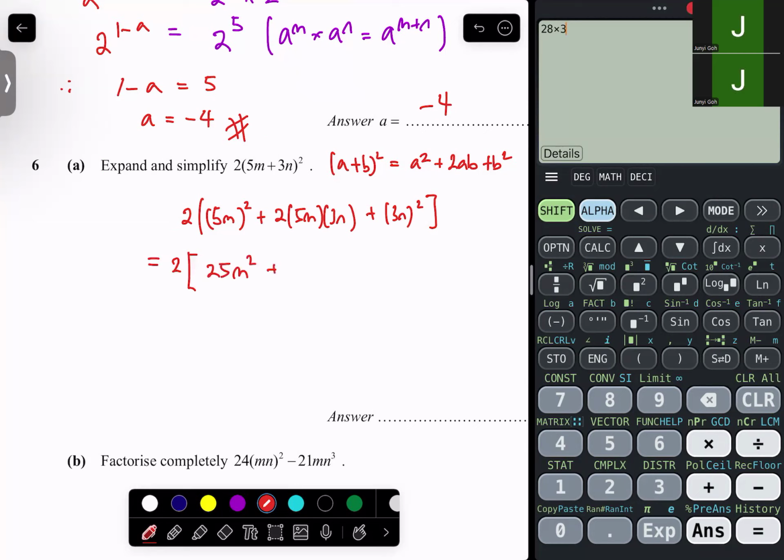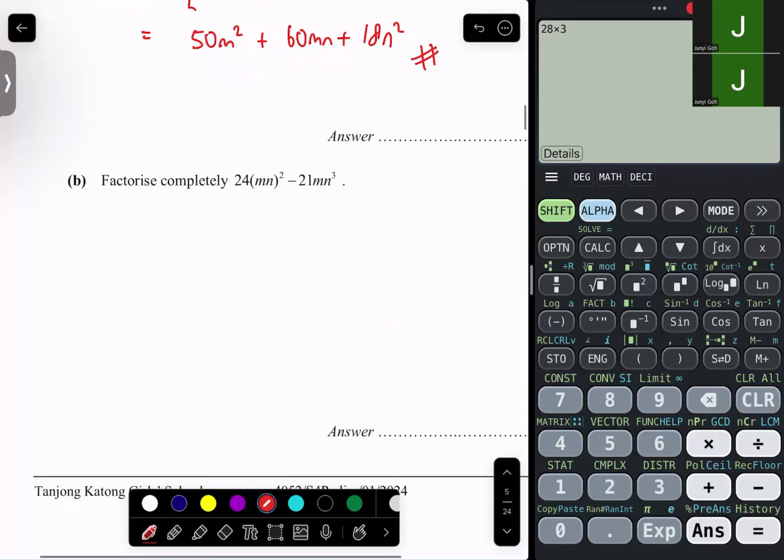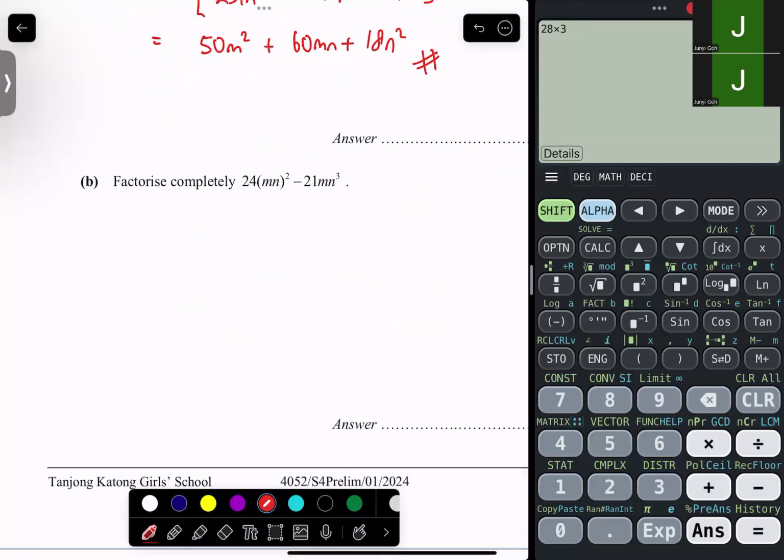And then that will be 25m squared plus 30mn plus 9n squared, which equals 50m squared plus 60mn plus 18n squared, the full expansion form. Okay, B, factorize completely.